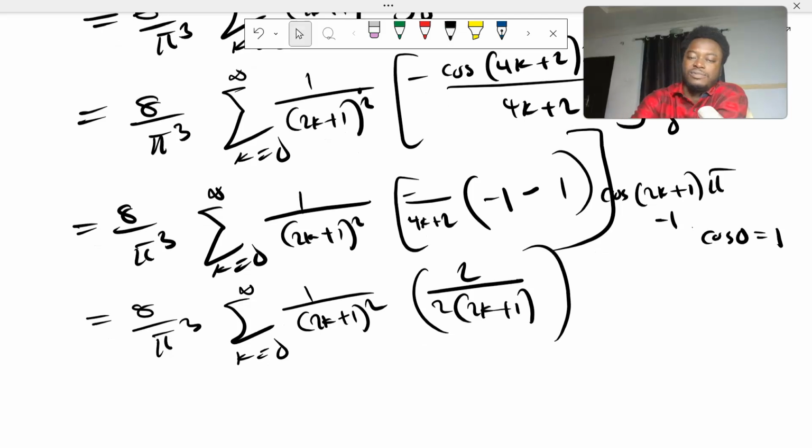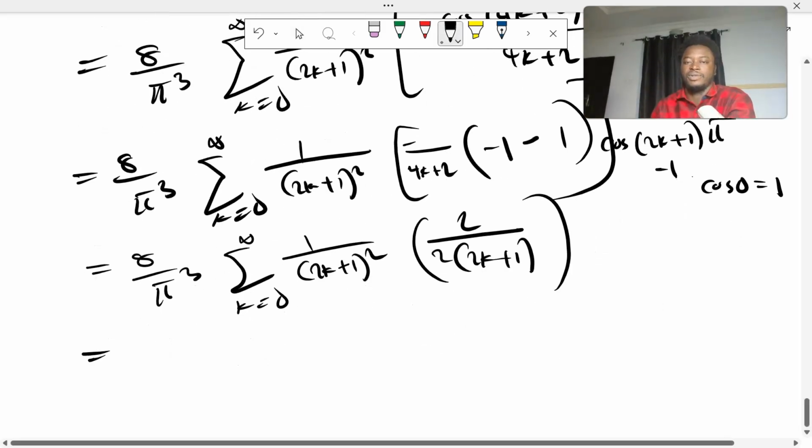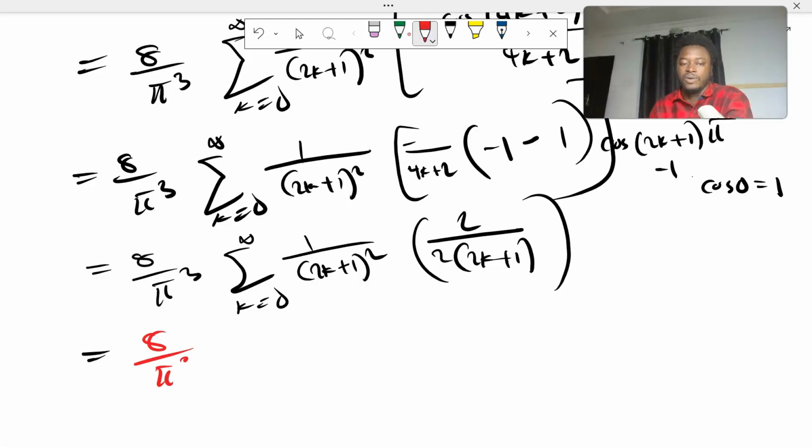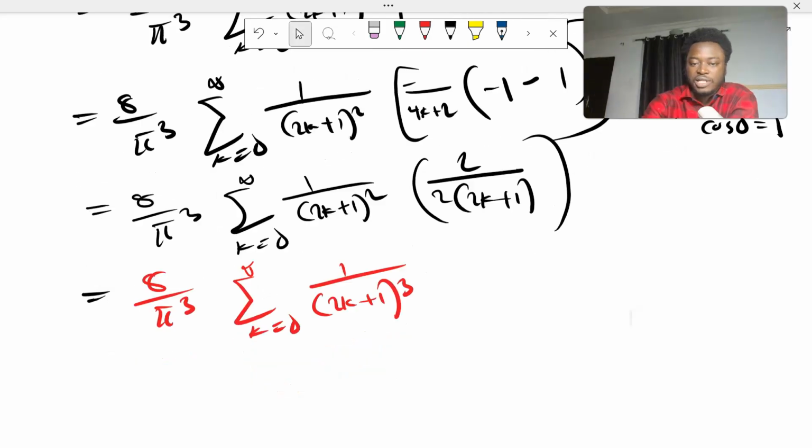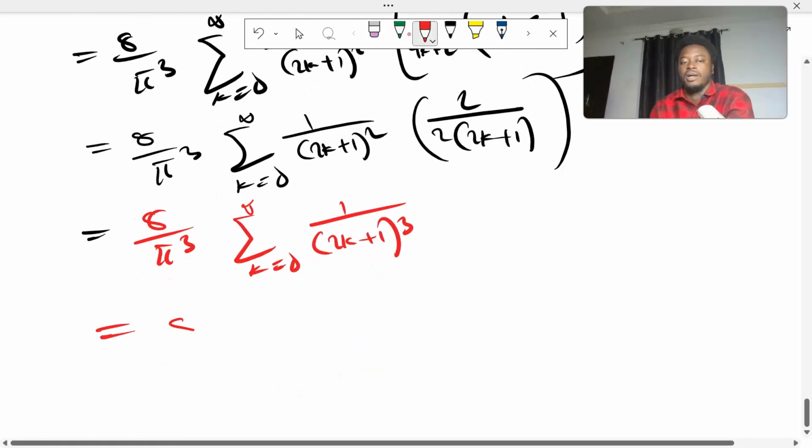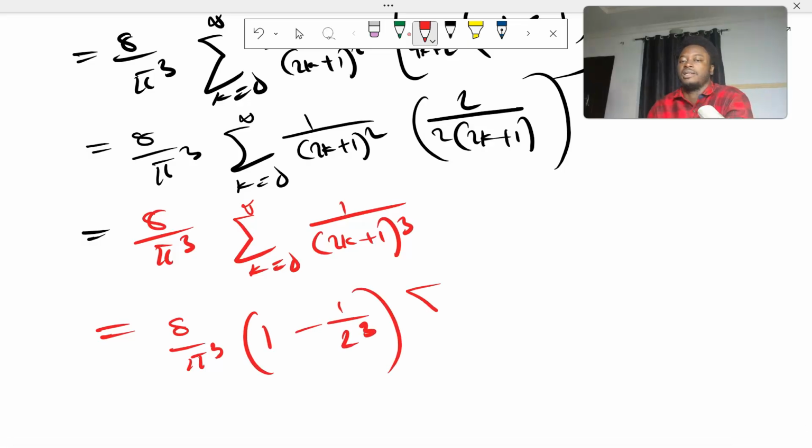Now this simplifies to 8 over pi to the third power times the sum as k runs from 0 to infinity of 1 over (2k plus 1) to the third power. Now this is known to equal 8 over pi cubed times 1 minus 1 over 2 to the third power times the sum as k runs from 1 to infinity of 1 over k to the third power.